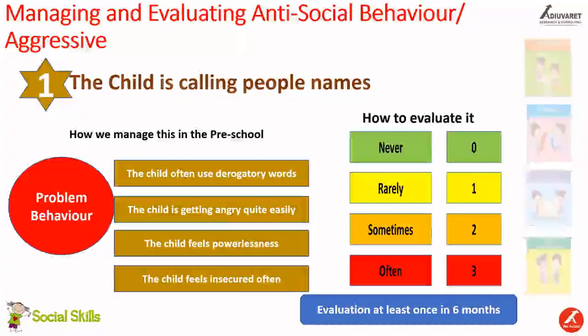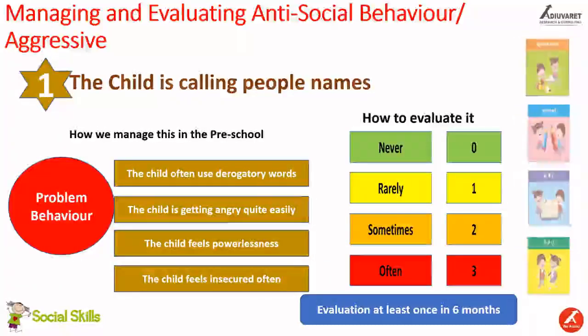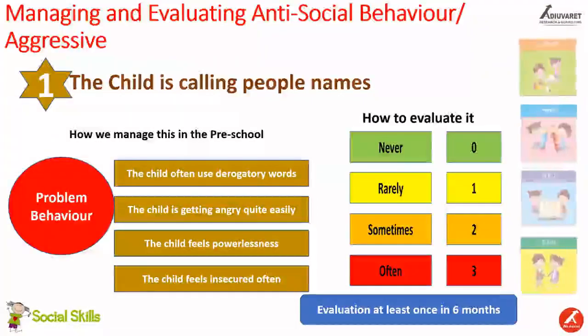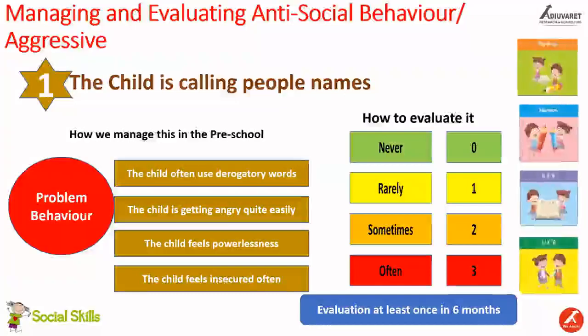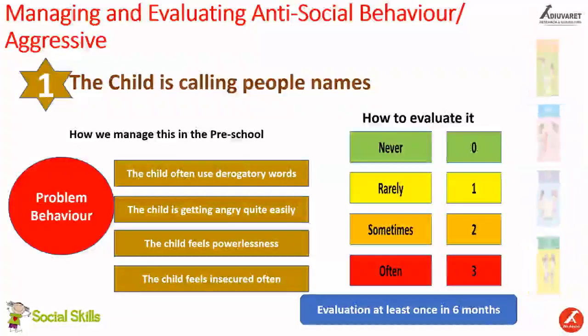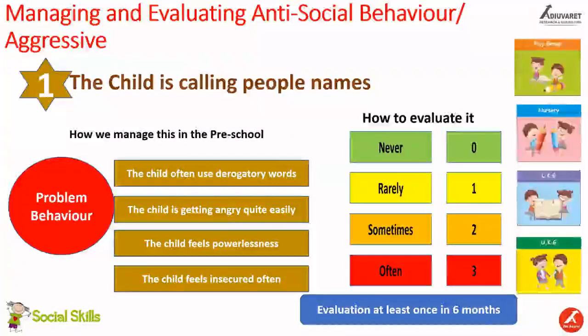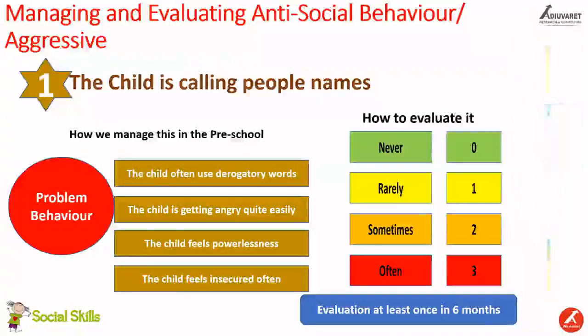So if the child is exhibiting some kind of symptoms, or all the symptoms we discussed, then we keep it recorded. For calculating the intensity of such behavior, we give a score of 0 if such situations are completely absent in the child.